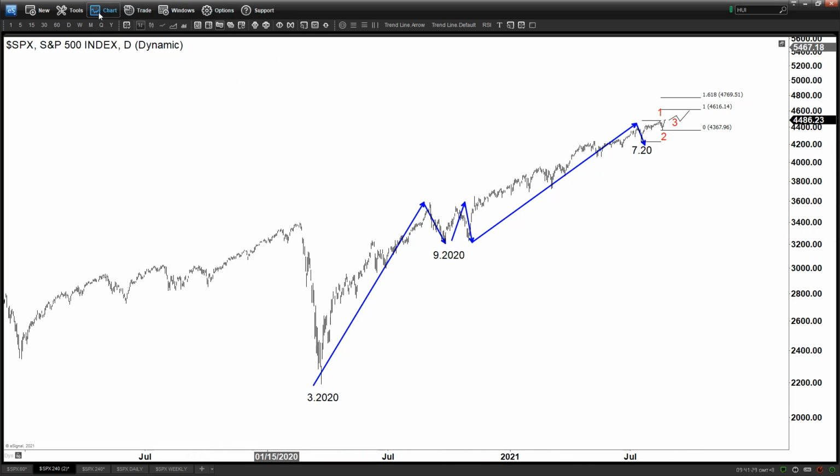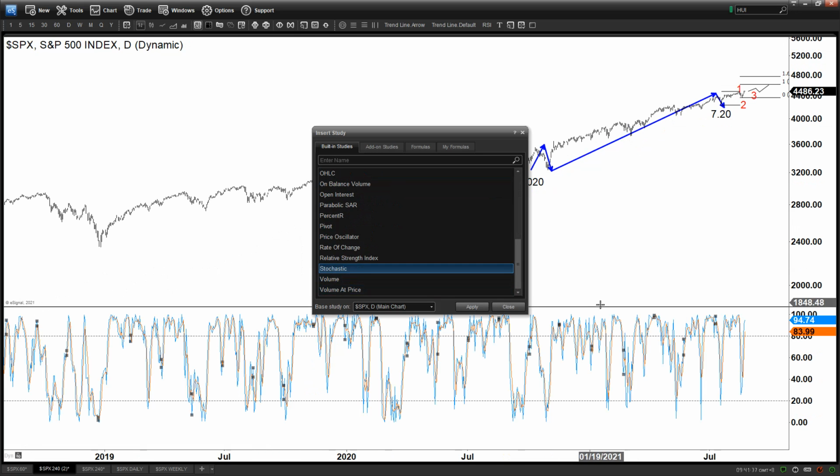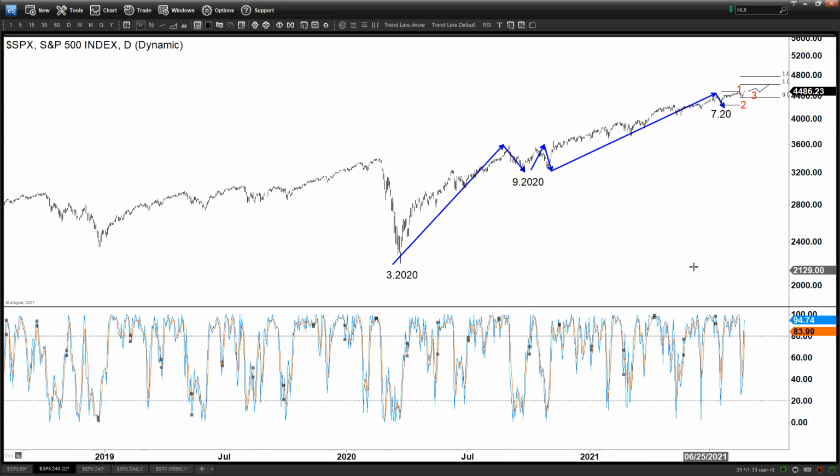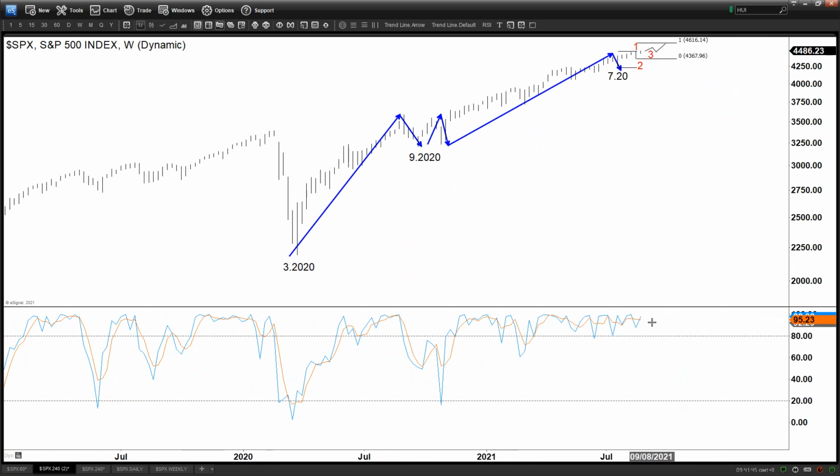So if we look at the stochastic RSI, right? Let's go to the weekly. Now you can see right here, this stays overbought, stays elevated for a very extended period of time.